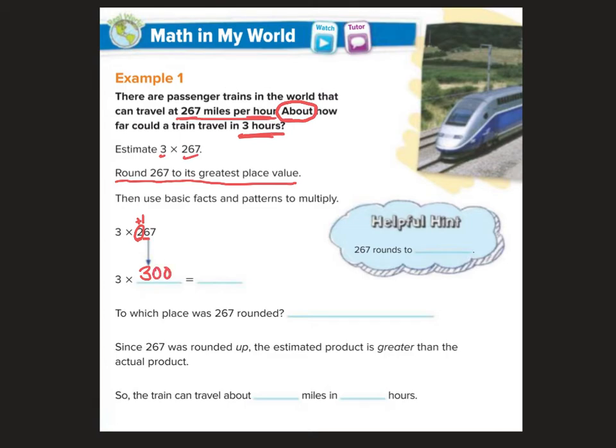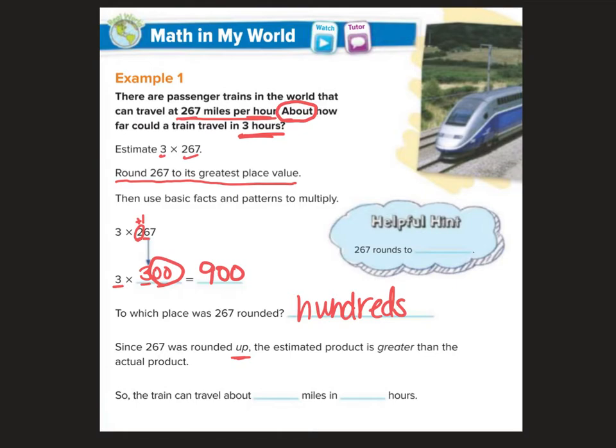Now this should look a lot like what we did in the last lesson. 3 times 3 is 9. 2 zeros, 900. Question here, to which place was 267 rounded? It was rounded to the hundreds place. Okay, since 267 was rounded up, this is the tricky part, ready?